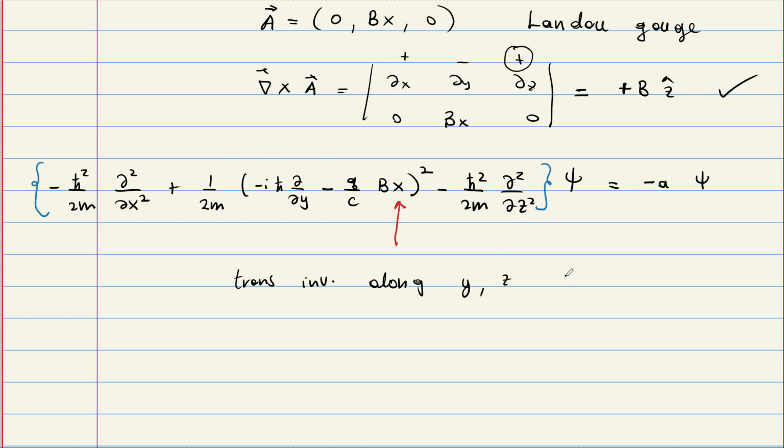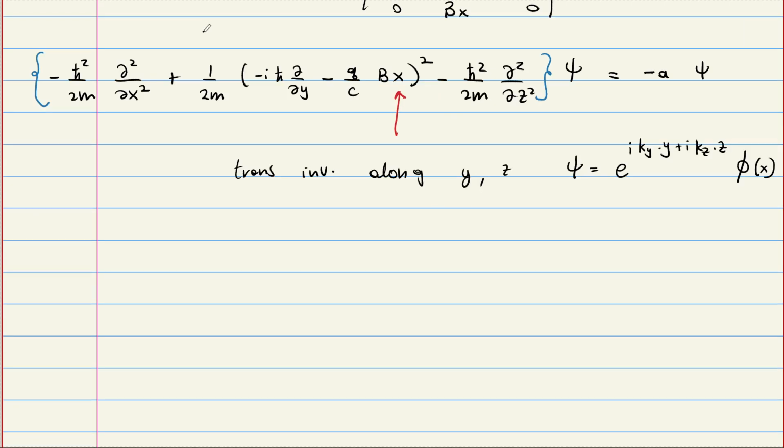Then I'm going to substitute for this psi something like this: e to the I ky times y plus I kz times z, times some other function phi. And this phi will only depend on x. Is that okay? Then this is going to be this term plus 1 over 2m.